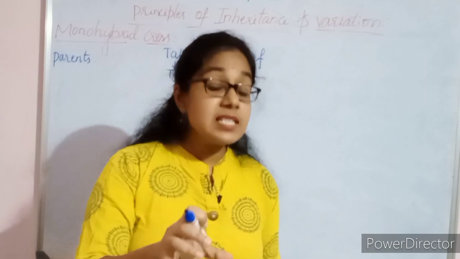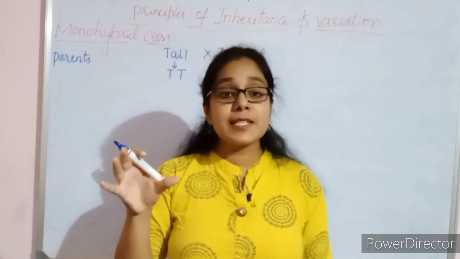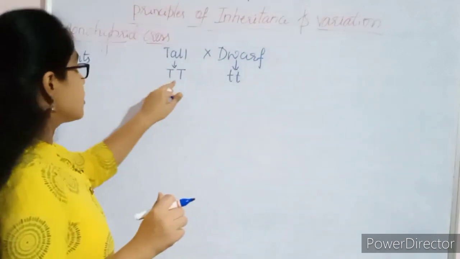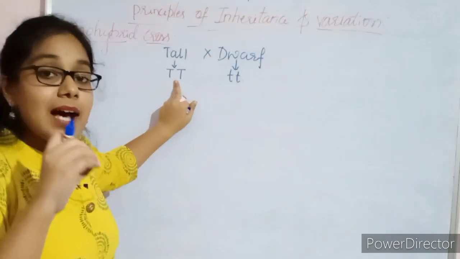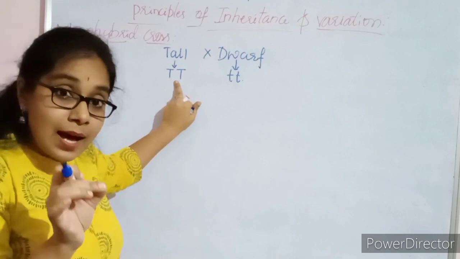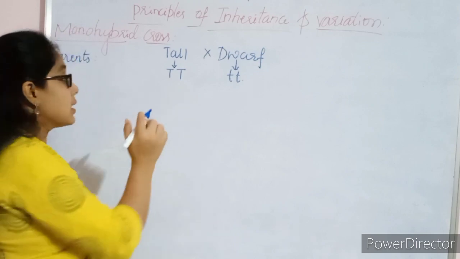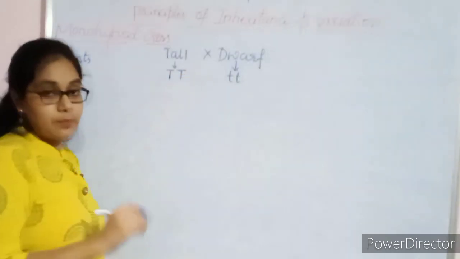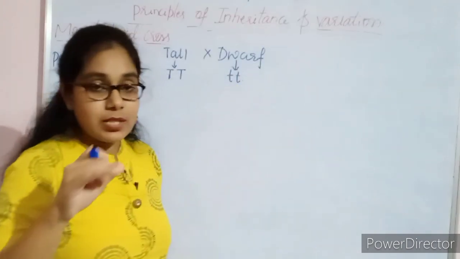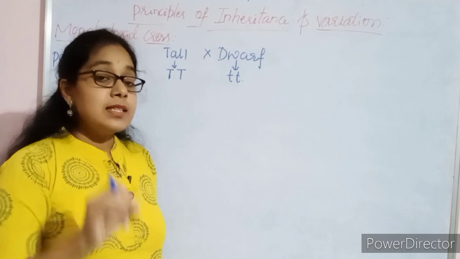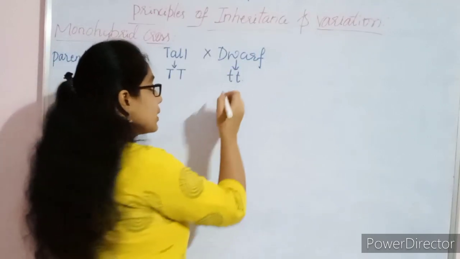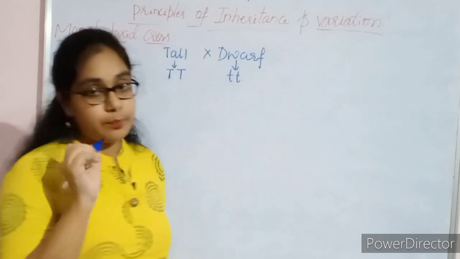So those genes are very much important for the expression of the character. If the pea plant is tall, it has the genes for the tall character. We have represented those genes in the form of alphabets, that's all. If another pea plant is dwarf, that is if it is having short height, the genes responsible for the dwarfness in the pea plants are small t and small t.